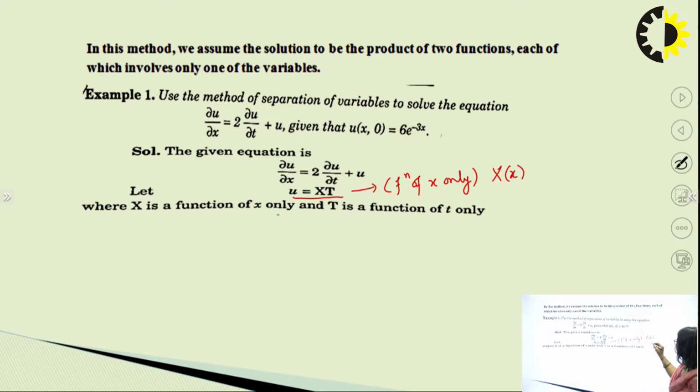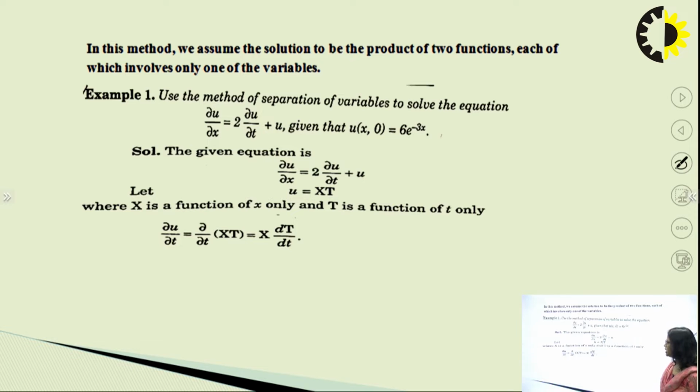This means that this capital X is being taken as a function of small x only. Also, this capital T can be written as capital T bracket small t, that means a function of small t only.